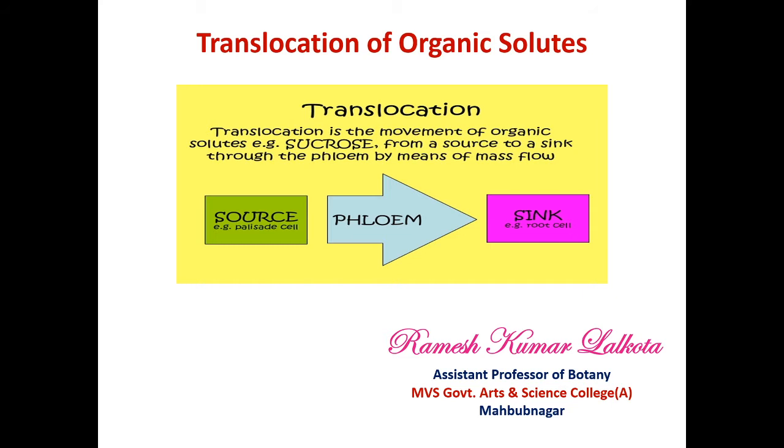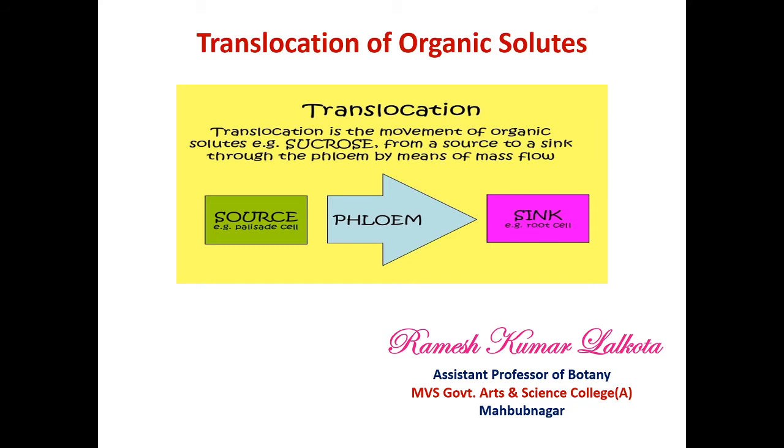This process is known as translocation. Long distance transport between organs through vascular tissues is called translocation. Or more commonly, the transport of organic solutes through phloem is known as translocation.